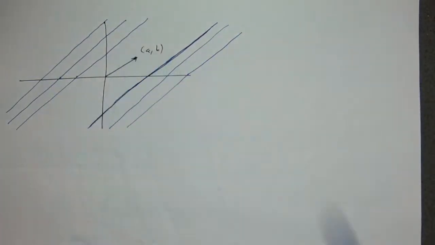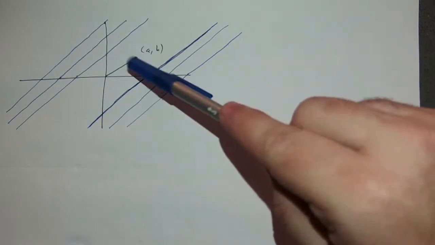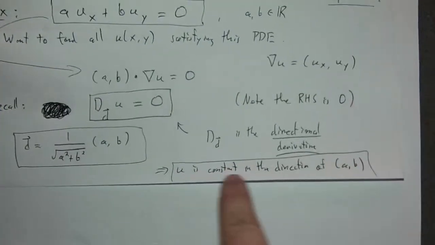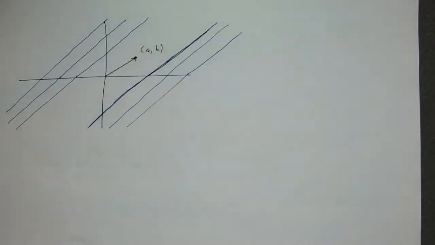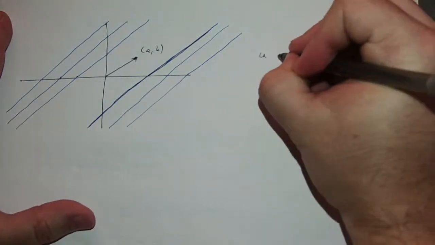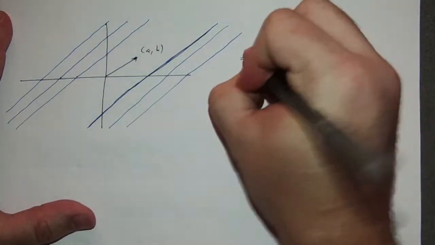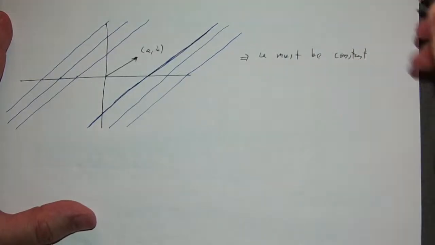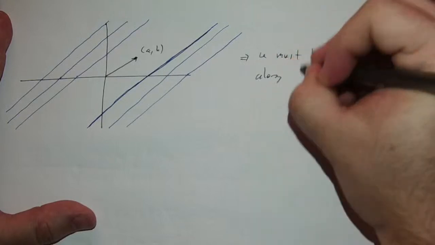Okay. All of these trajectories I've drawn, all these lines, are lines in the direction of this vector AB. Okay. And so since u has to be constant in the direction of AB, u must be constant along these lines. So what we know is that u must be constant along these lines.